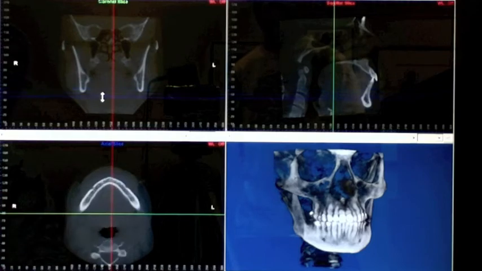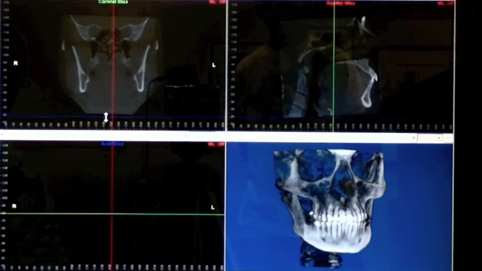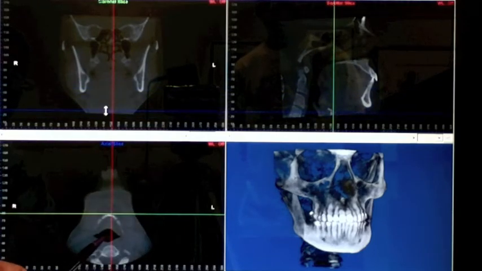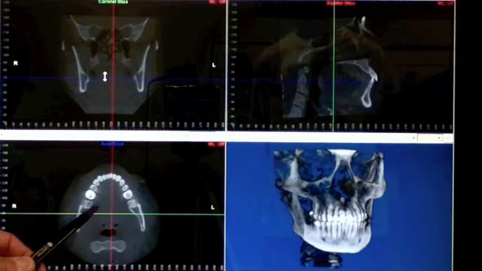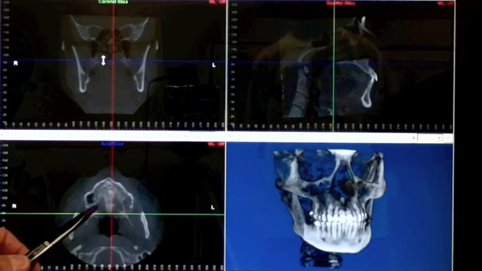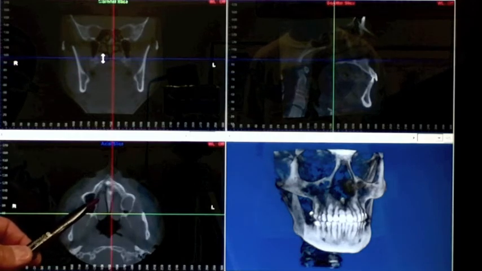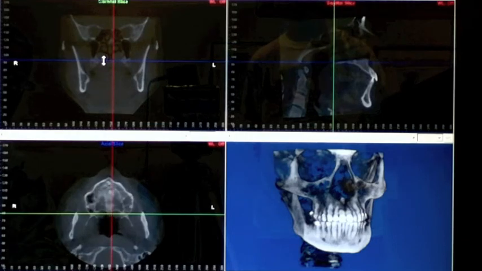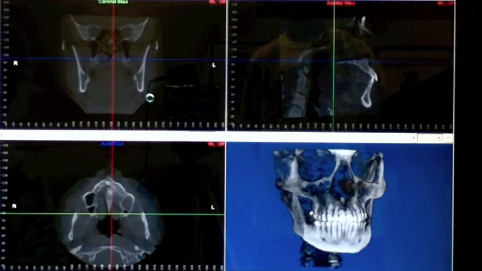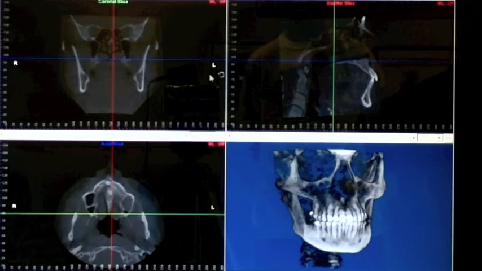Stay tuned for more information about that. Again, here we have the airway, and as we go through the palatal slice you begin to see some radiopacity up there, and we'll get a closer look at the radiopacity to see whether or not it's pathologic.